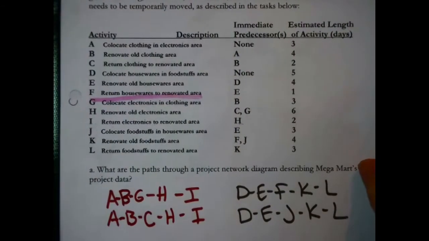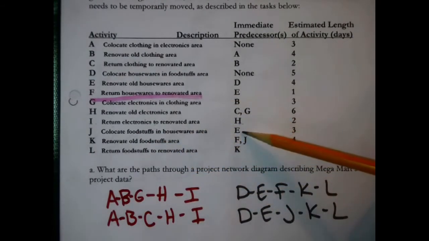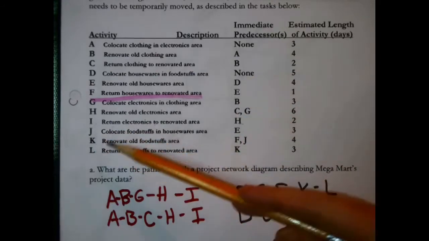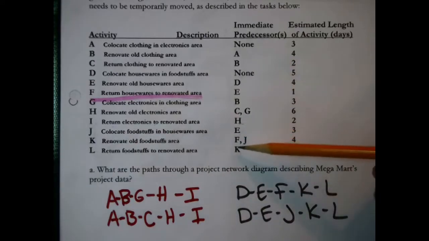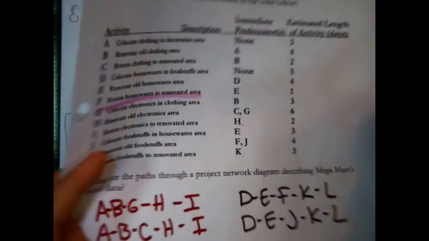What else do we need to do? J, co-locate foodstuffs in houseware area. Immediate predecessor E. Oh, like we've gone back up the list. Right, this J, K, and L, if you look at it, is the same pattern of precedence relationships as we just drew above.